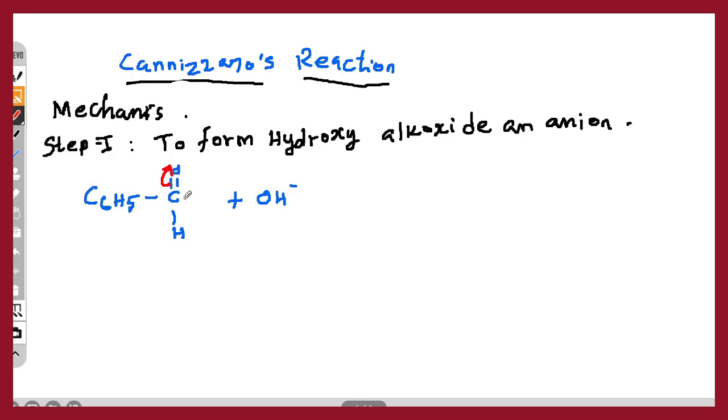So now carbon becomes an electrophilic center. This is a nucleophilic hydroxyl group. A nucleophile always attacks where the electron density is low. Here the carbon has low electron density. This is a fast reaction.